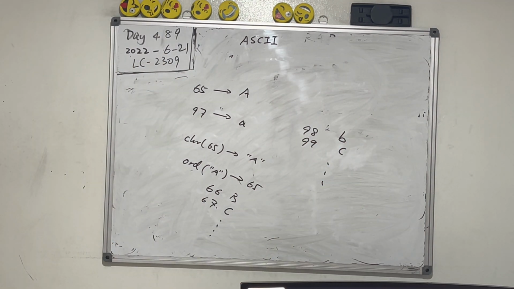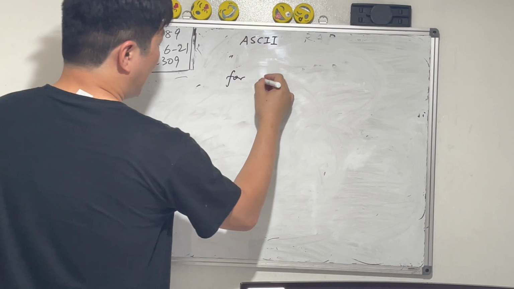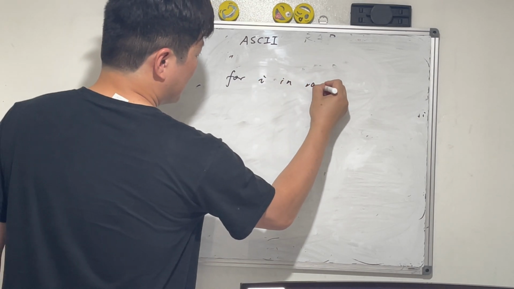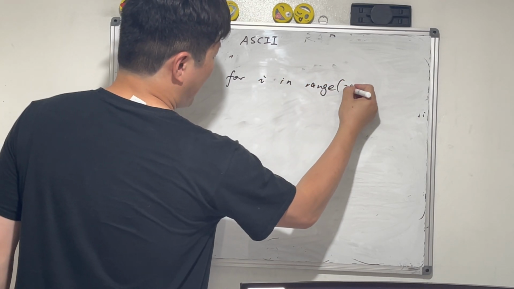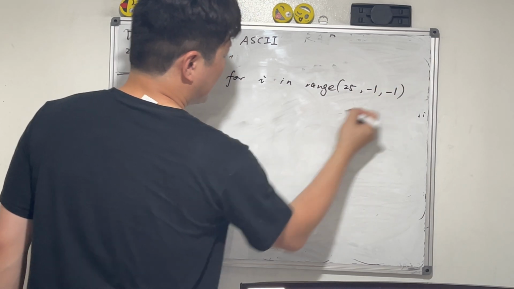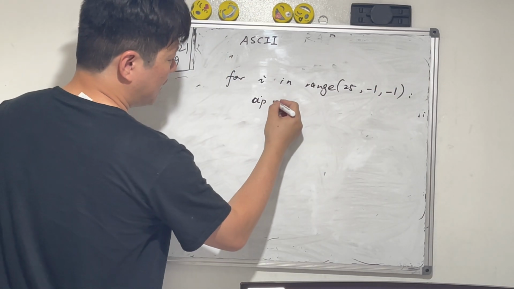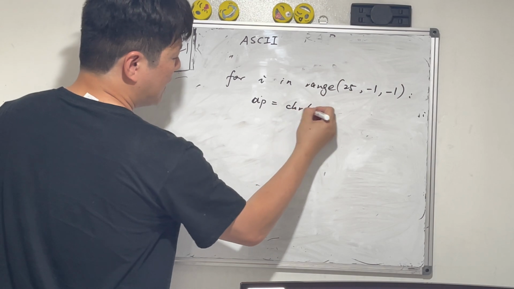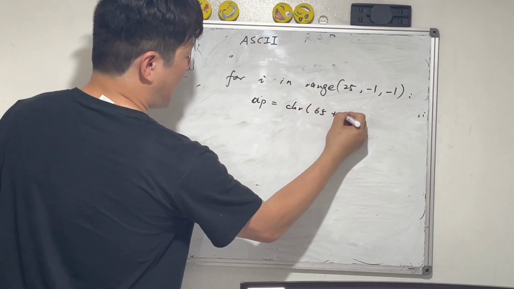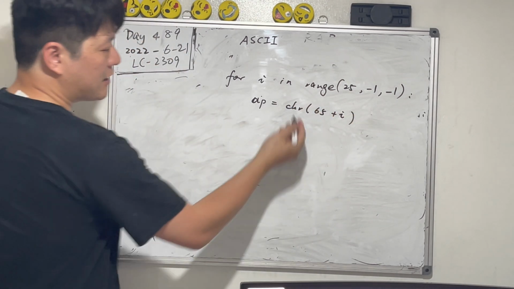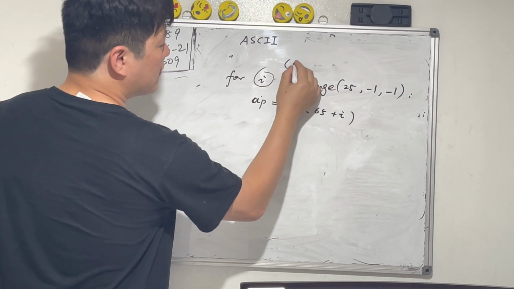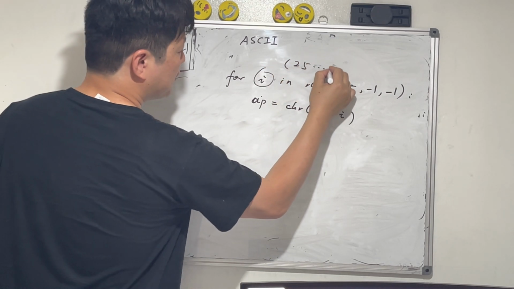So for i in range, we start with 25 up to 0 and decrement every time. Uppercase letter equals chr(65 plus i), because this i goes from 25 down to 0.